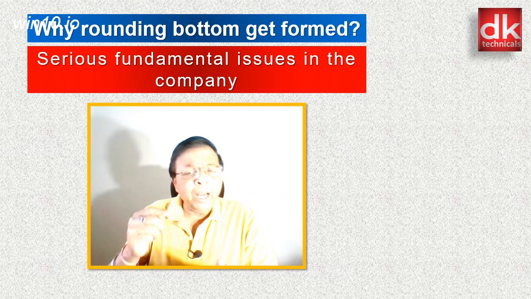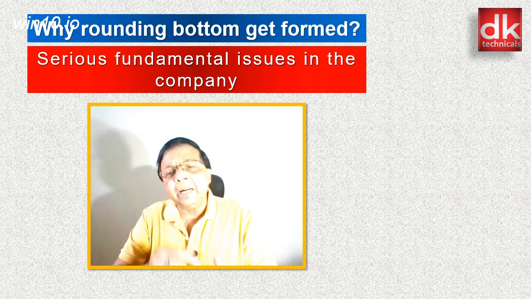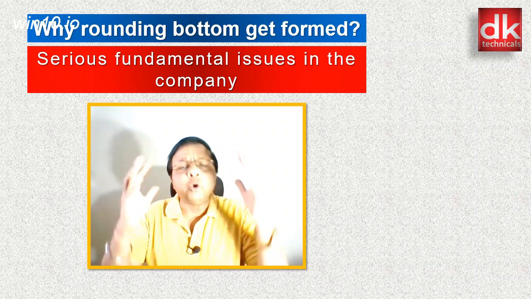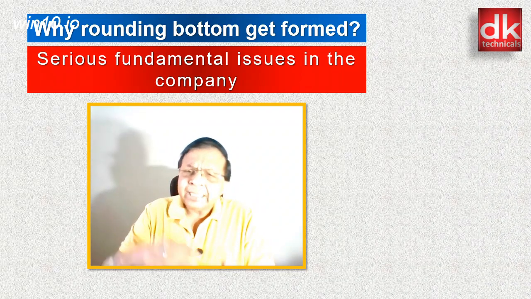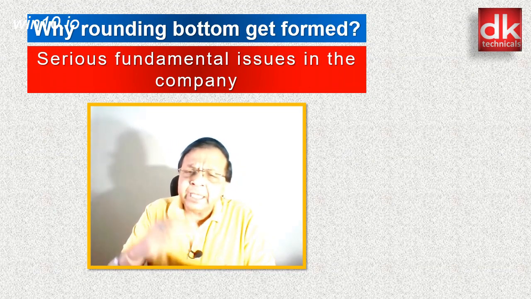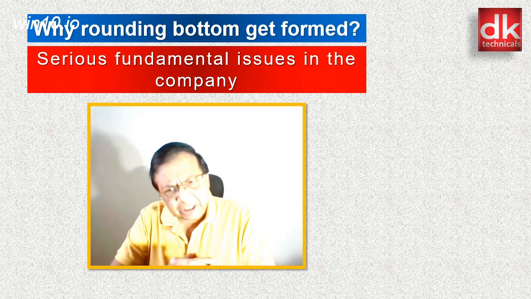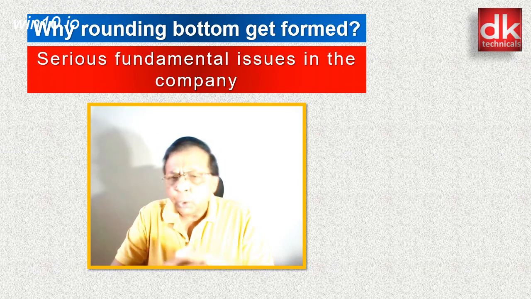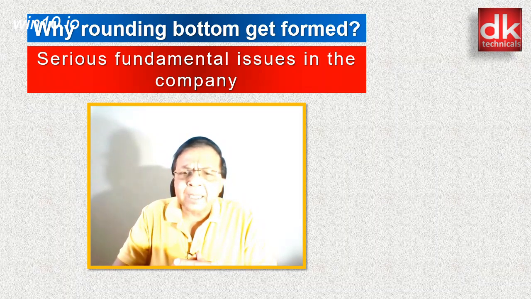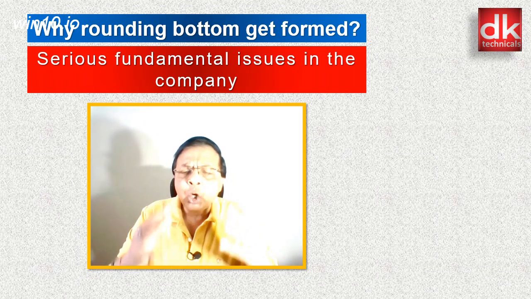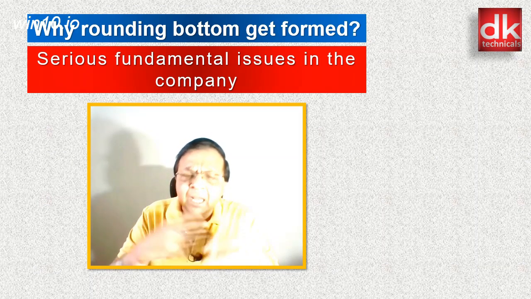So you will rarely find this kind of formation in a chart of gold or maybe silver or base metals, because there is a constant demand of these base metals or precious metal. You will not find such kind of pattern at index level, because index constitutes several companies.